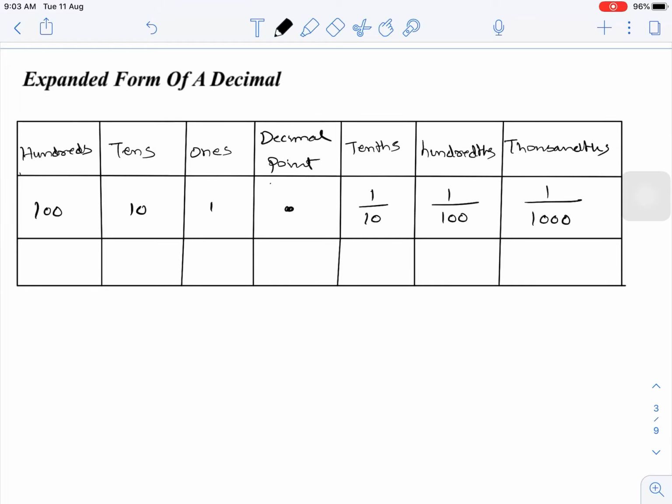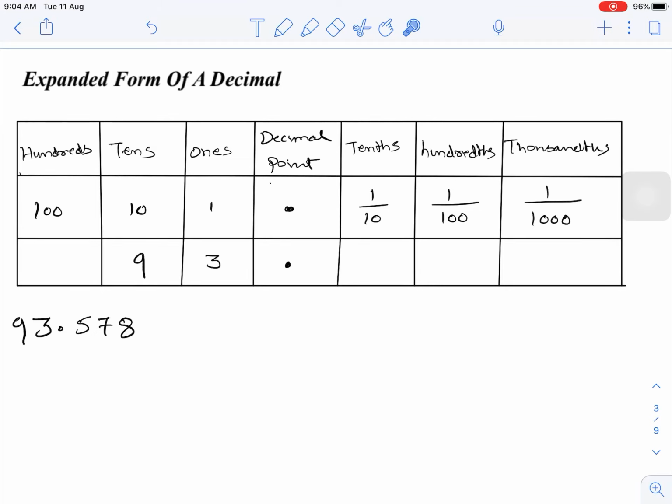So how to write this number? Let us consider one example over here. Suppose we have the number 93.578. Here is the decimal, so the decimal will come over here. To the left of the decimal, the first digit is 3, so we write 3 here. Then the next digit is 9, so we write 9 here.